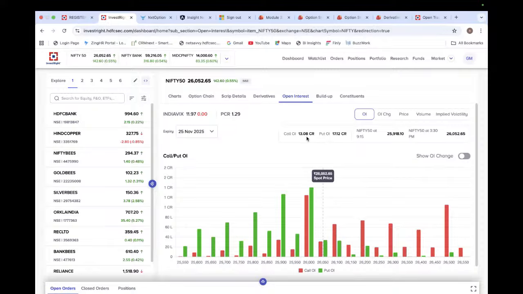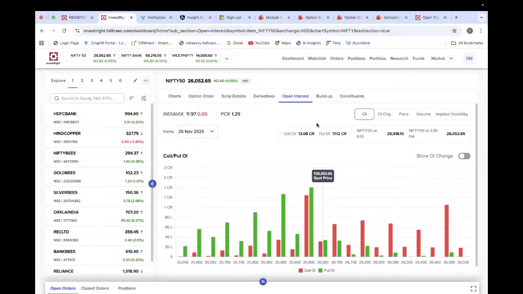Overall call OI is 13 CR and overall put OI is 17 CR. So whenever the overall put OI is more than call OI, it means that there is a positive undertone of the market. That is when the PCR, put call ratio, is more than 1. When the put OI is more than call OI, your PCR turns more than 1, and it means that there is positive momentum in the market.